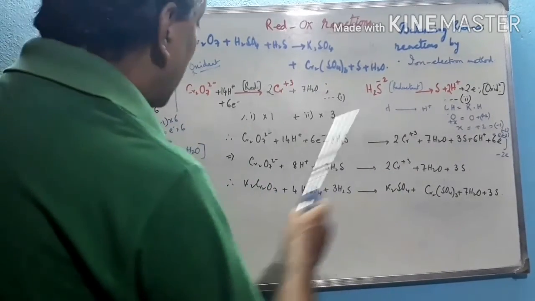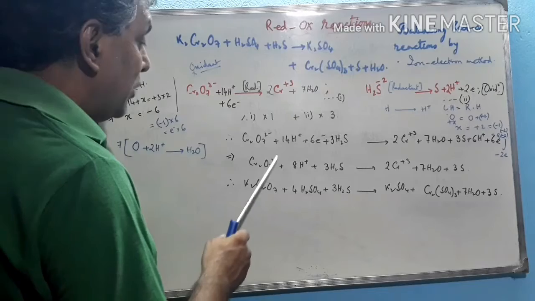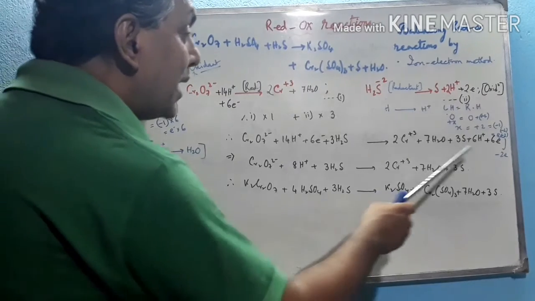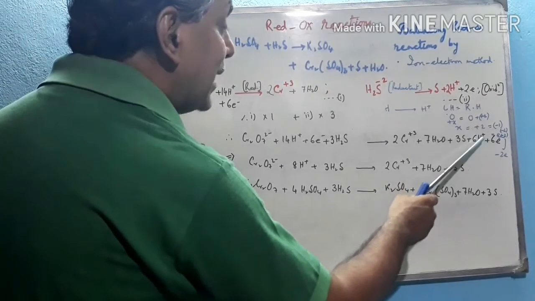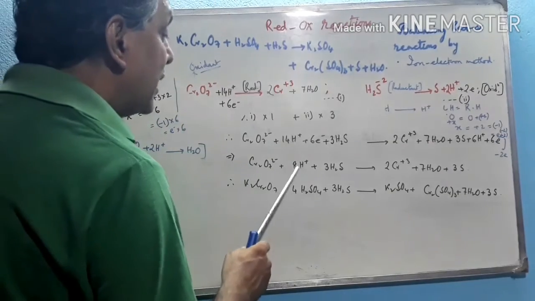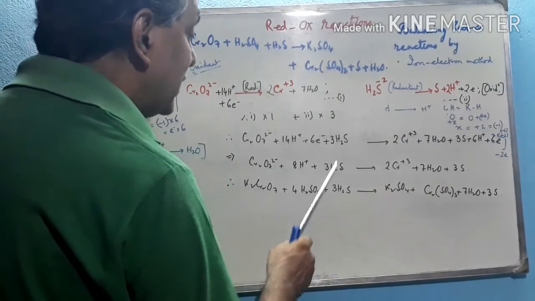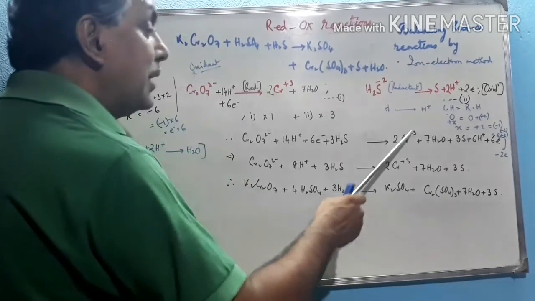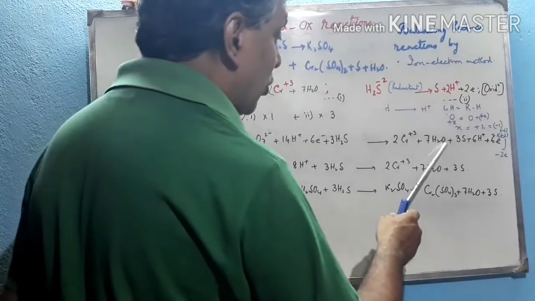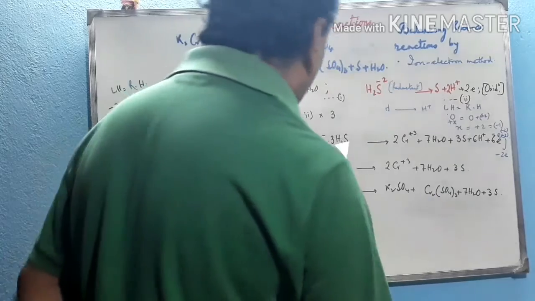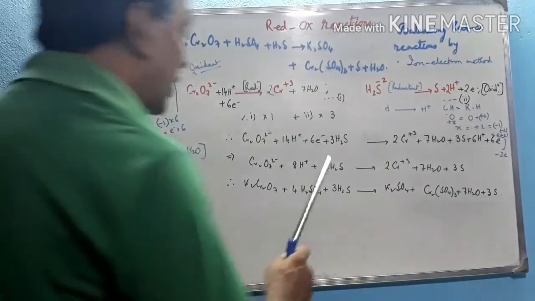So by cancelling the electrons we get Cr2O7 2 minus, 14H plus, and on the right hand side 6H plus. Subtracting this we get 8H plus. Electrons are already cancelled, plus 3H2S arrow 2Cr3 plus 7H2O plus 3S.